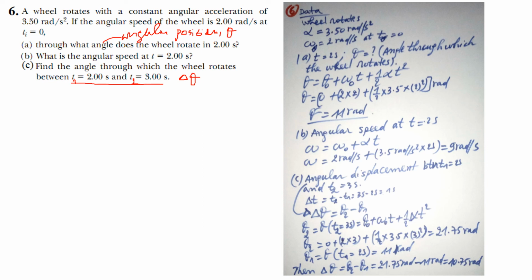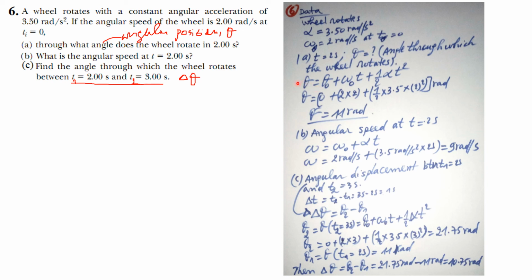This is the initial angular velocity: omega 0 equals 2 radian per second when the initial time t0 is equal to 0. Then we are given that the final time t equals 2 seconds. We are asked to find the angle through which the wheel rotates, which is the angular position.